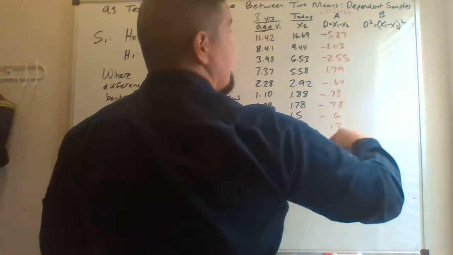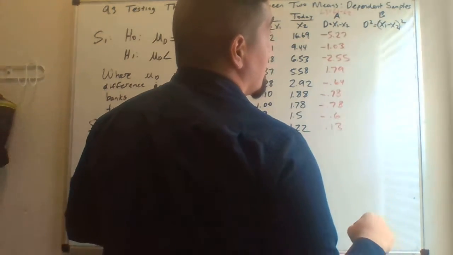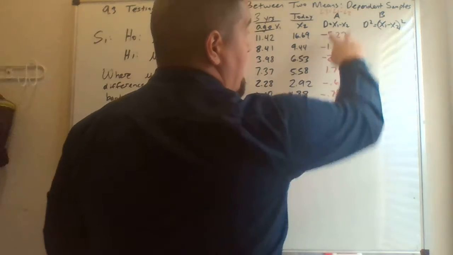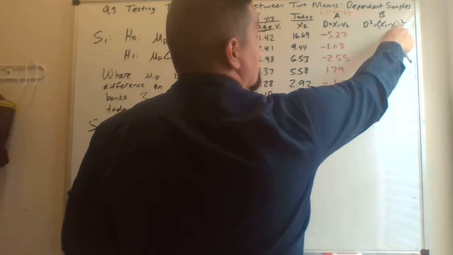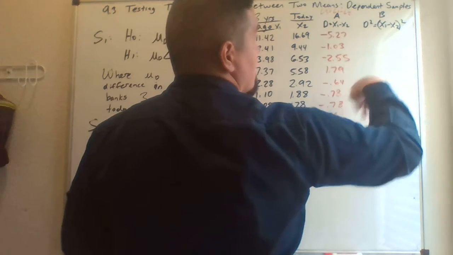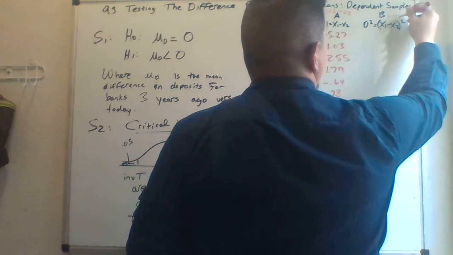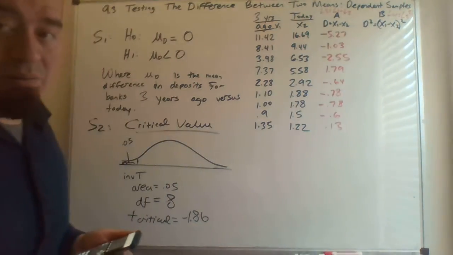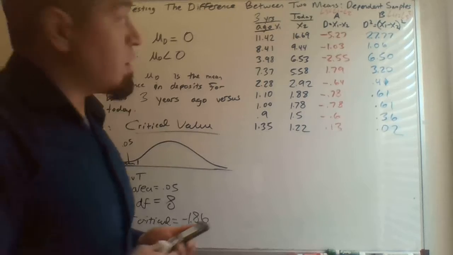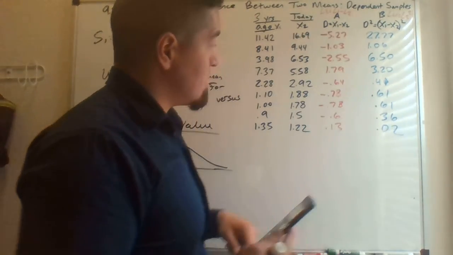We found the differences between 3 years ago and today, now we square these differences. Since we already have list 3, we can just do list 3 squared. So on L4, we write L3 squared. Once I square the differences, I get these values.